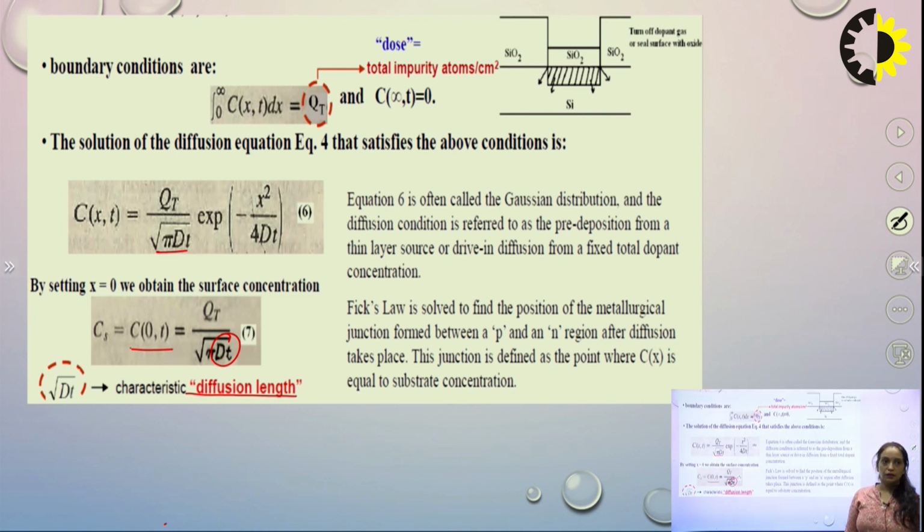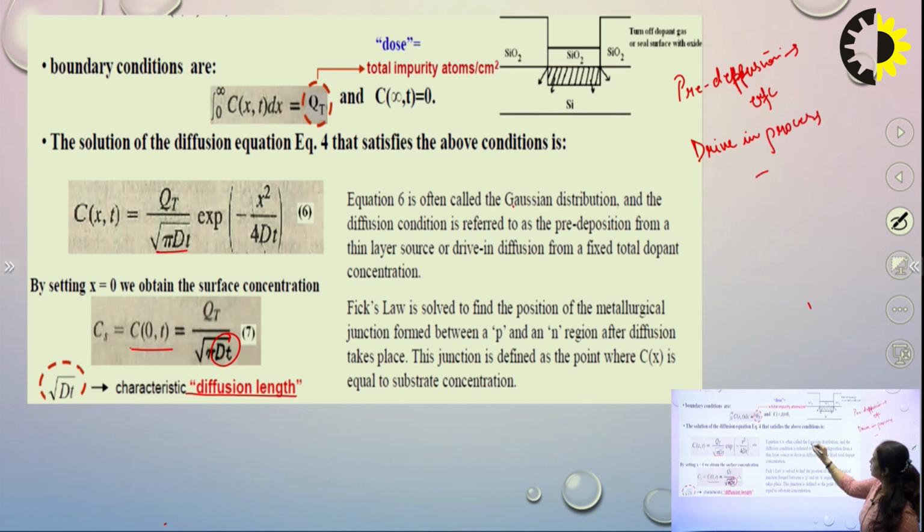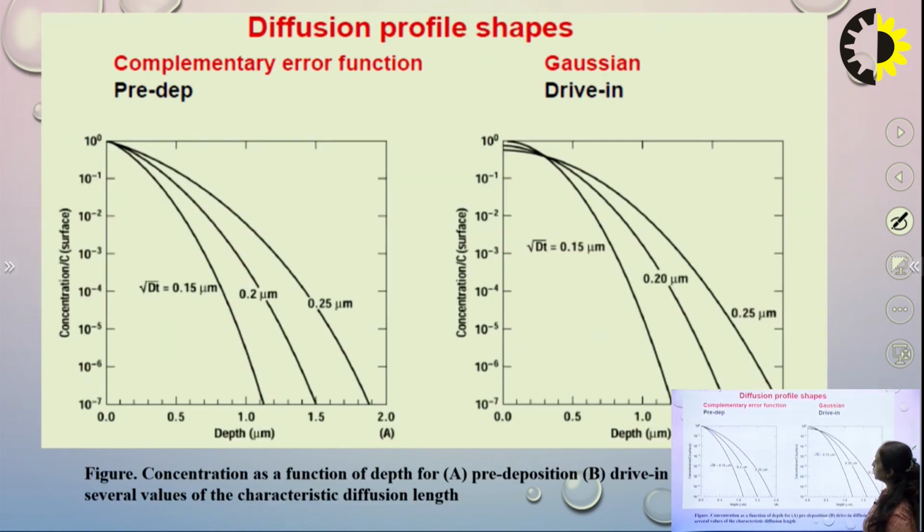So in the previous case, when we have the pre-diffusion, we have the error function, complement error function graph. But in case of this drive-in process, we are going to have a Gaussian distribution.